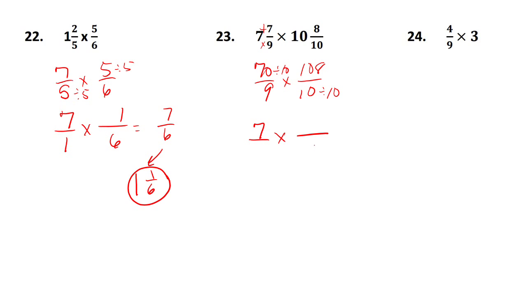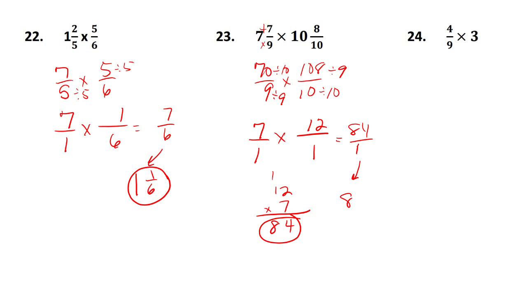So they simplify to 7 and 1. And we could simplify 9 and 108 by 9. So we have 1 and 12. And then when we multiply 12 times 7, comes out to 84 over 1, which is equal to 84.